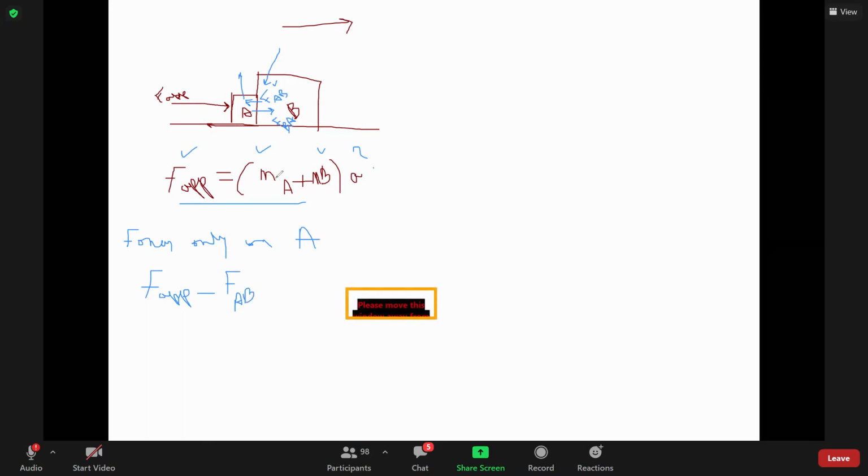Of course, if there is friction, I need to add it. This should equal, on this side, F equals ma, only the mass of A, multiplied by the common acceleration.